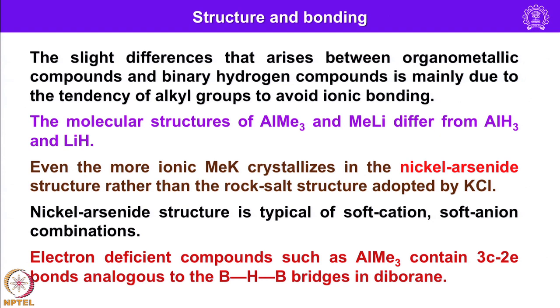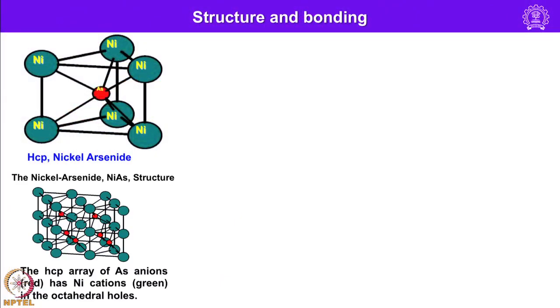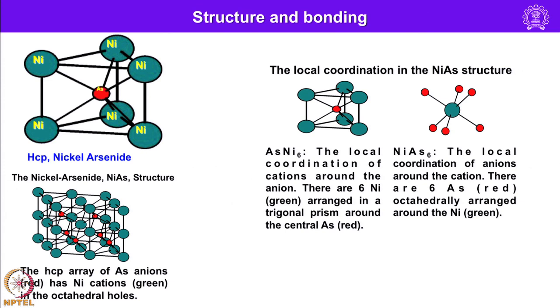So, electron deficient compounds such as trimethyl aluminum contain 3 centered 2 electron bonds similar to the B-H-B bond we come across in the case of diborane. So, you can see here the nickel arsenide structure, okay, and of course, in the lattice this is how the arrangement of nickel and arsenide ions is shown here. The local coordination of cation around the anion is shown in this one.